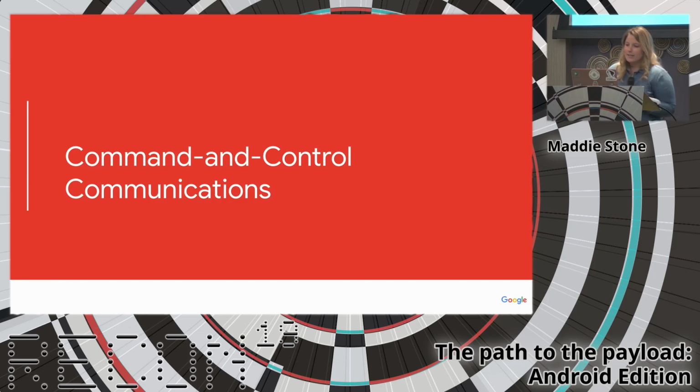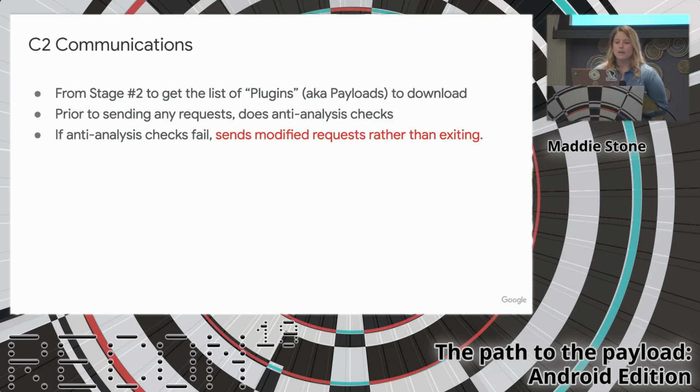So then, this is a little bit different of a stage, but they had a lot of interesting techniques that are required to get to the payloads here. Just a quick overview, these 2 communications are considered the command and control communications coming from stage 2, that unpacked jar, because that is our framework that basically controls the whole piece of malware.